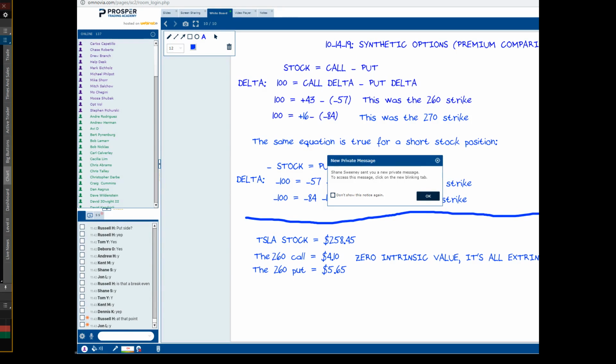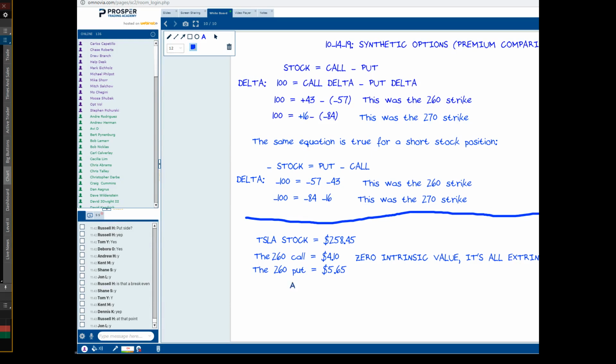Okay, now let's evaluate the put. Okay, how much premium is in the price of this put?